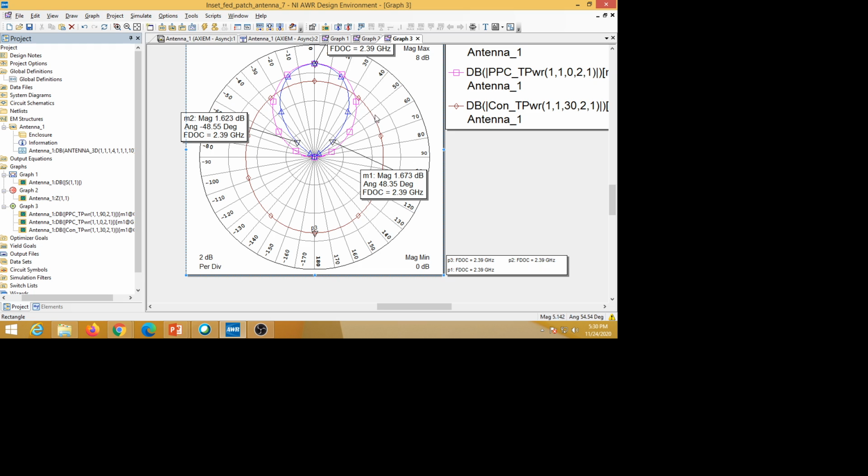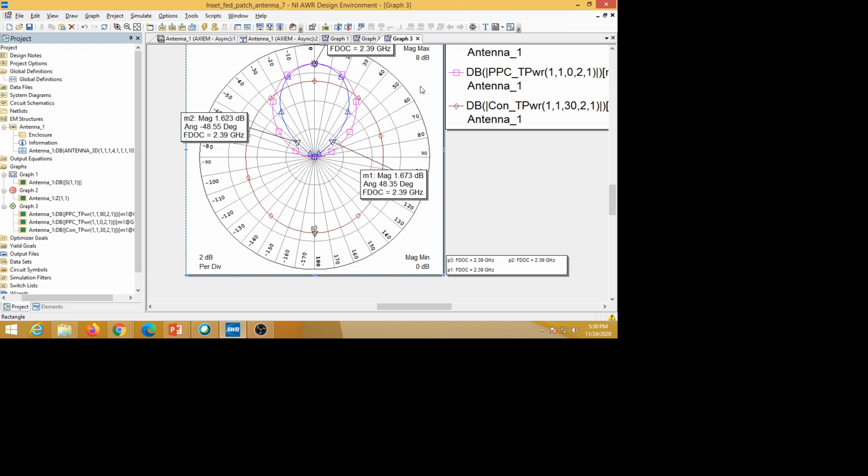For this one, these values represent the phi variation. You should not confuse them; we have plotted phi variation and theta variation both in the same one. In the phi variation plot, these values correspond to phi, and for the blue and pink colors for theta variation, these values correspond to theta.